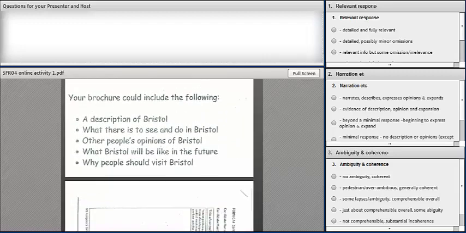What did the candidate have to do? The brochure could include the following. So, in other words, the candidate had a choice about this. A description of the city, what there is to see and do. And it doesn't say how the candidate should organise the task.